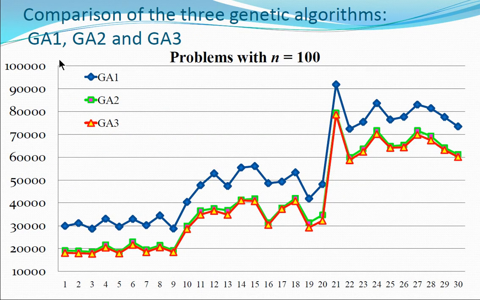As you can see in this graphic, the third version of the genetic algorithm outperforms the other versions in most of the problems. Here we have the number of problems, and here we have the value of the total tardiness. So the third version outperforms the other versions.